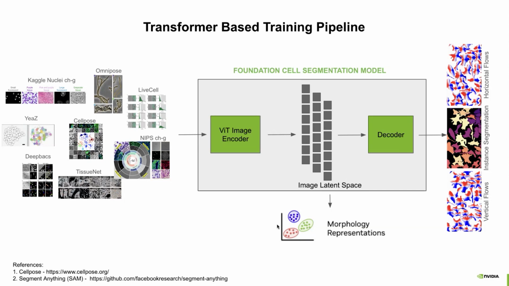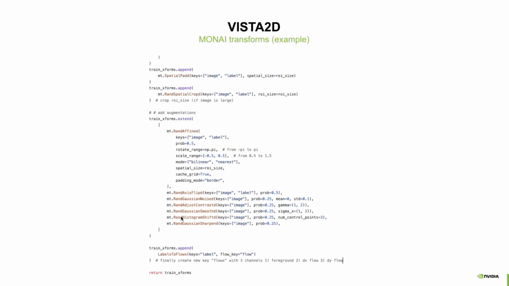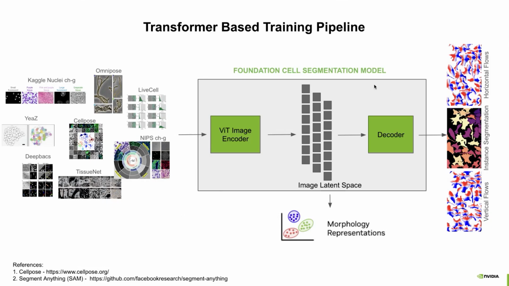We like this component. In fact, Cellpose is a dependency. You need to pip install it, as well as Segment Anything, which is also a dependency of this project. So these components are being reused from these great projects. Oh, and to mention, everything else we wrote on our own.